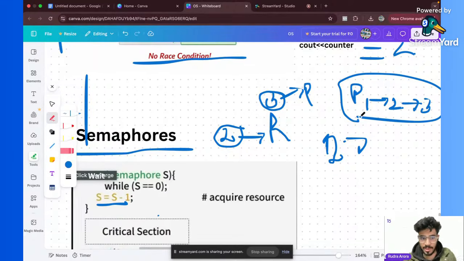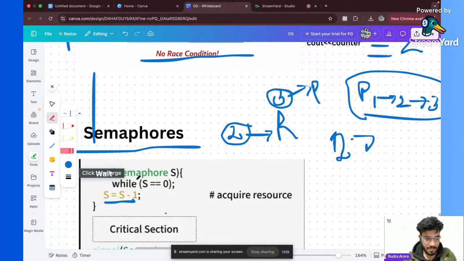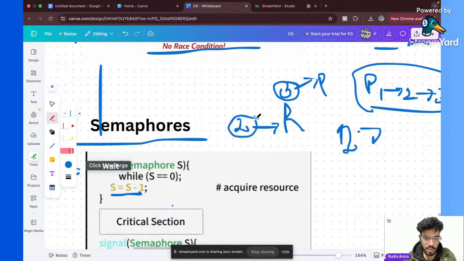We will call wait on P1, and as there are two resources only, as we called wait, it will become s = s minus 1. Now resources will become 1.